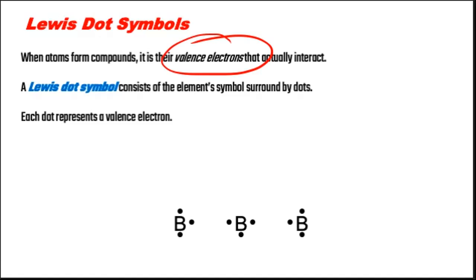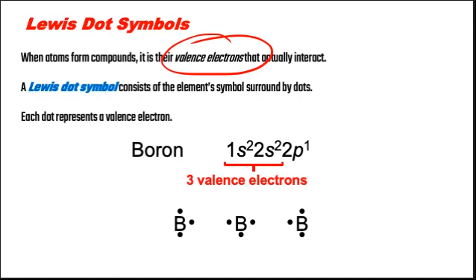So if we have boron, boron has 5 electrons. We distribute them using the electron configuration: 1s2, 2s2, and 2p1. So we have here 3 valence electrons.